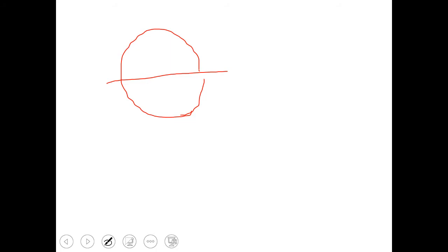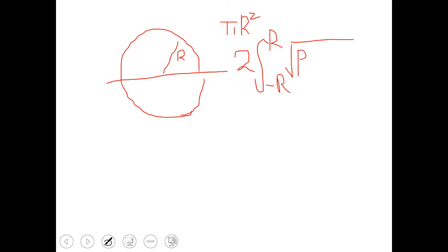In primary school, you know that the area of a circle is pi r squared. If you try to calculate it using calculus in Cartesian coordinates, it will be an integral of the square root of R squared minus x squared dx.